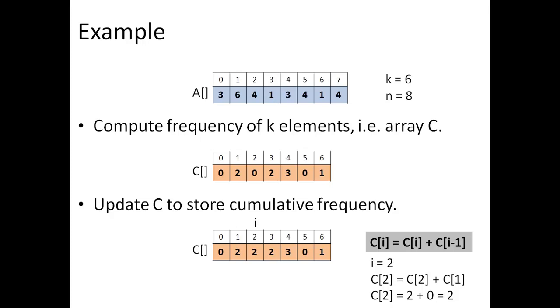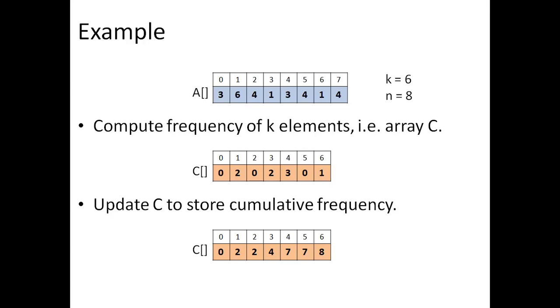Then C2 also gets updated to 2 plus 0, that is 2. C3 becomes 4, C4 and C5 become 7, and lastly C6 becomes 8. With this, we have the required array C.